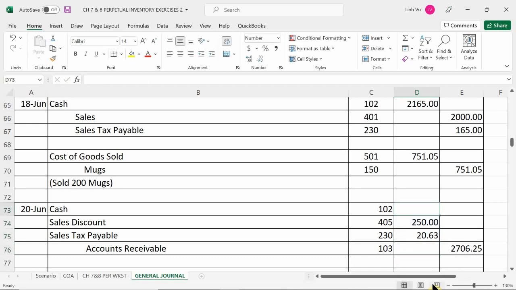So therefore, how much cash am I going to be receiving from customer A? $2,435.62.